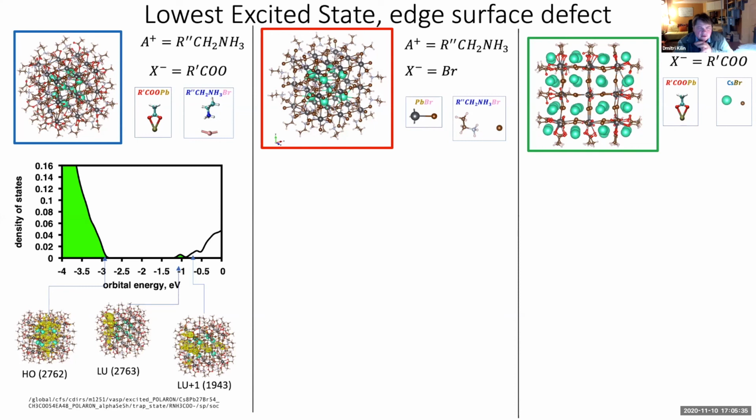Is it truly the lowest excited state? In the density of states, I do not see inversion between HOMO and LUMO. There is no void, no absence of solid color in the HOMO. It looks more like a negatively charged system from this DOS.